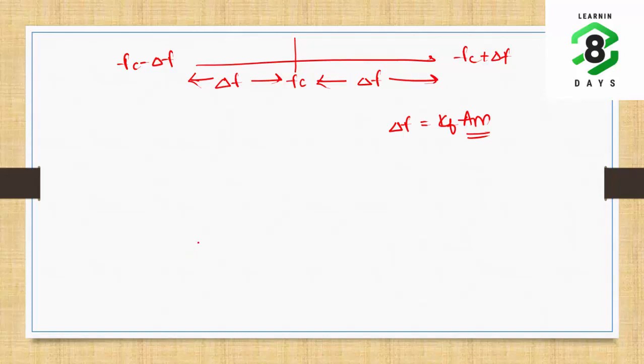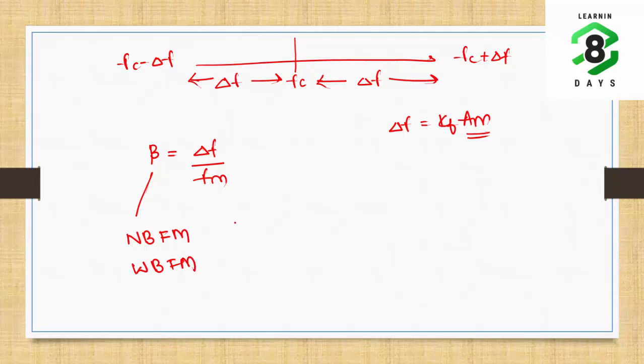Next, we defined one more thing: the modulation index β is equal to Δf by f_m. Now, depending upon this β value, we can distinguish two cases of frequency modulation: narrowband frequency modulation and wideband frequency modulation.